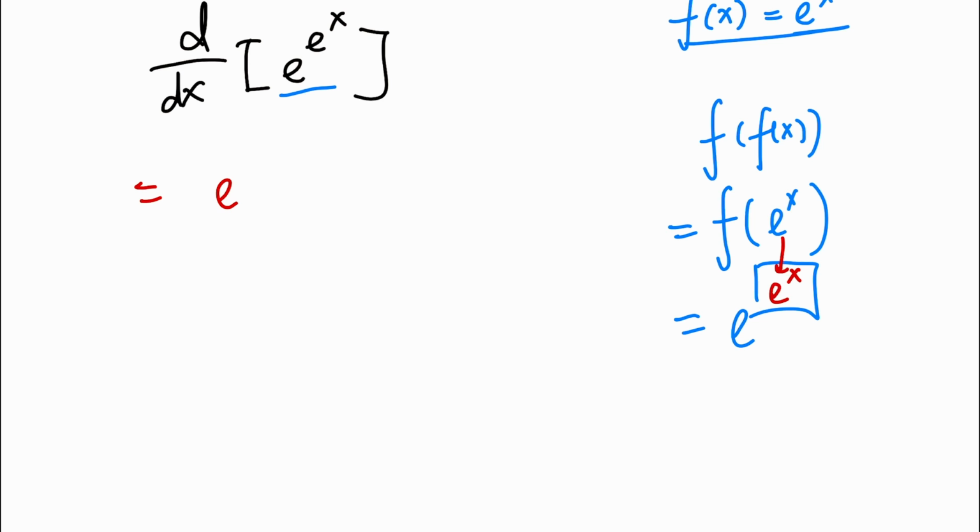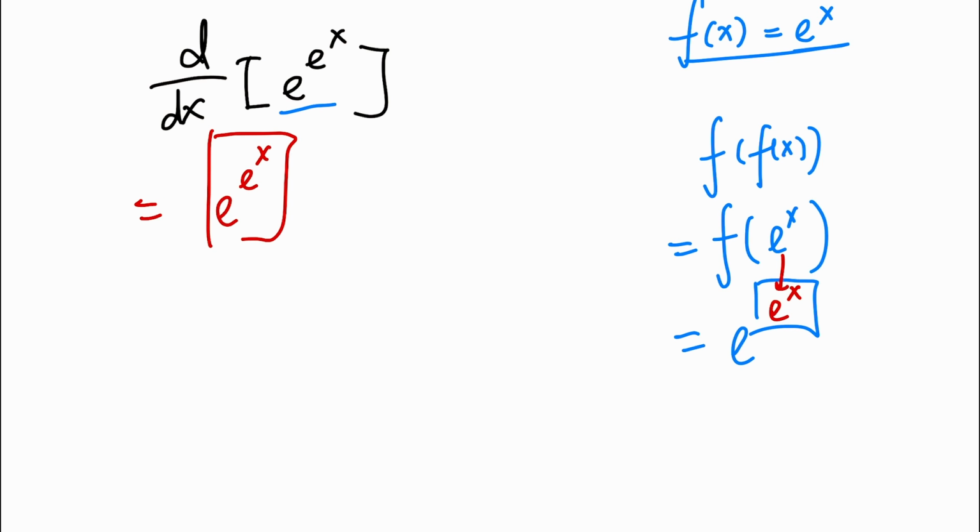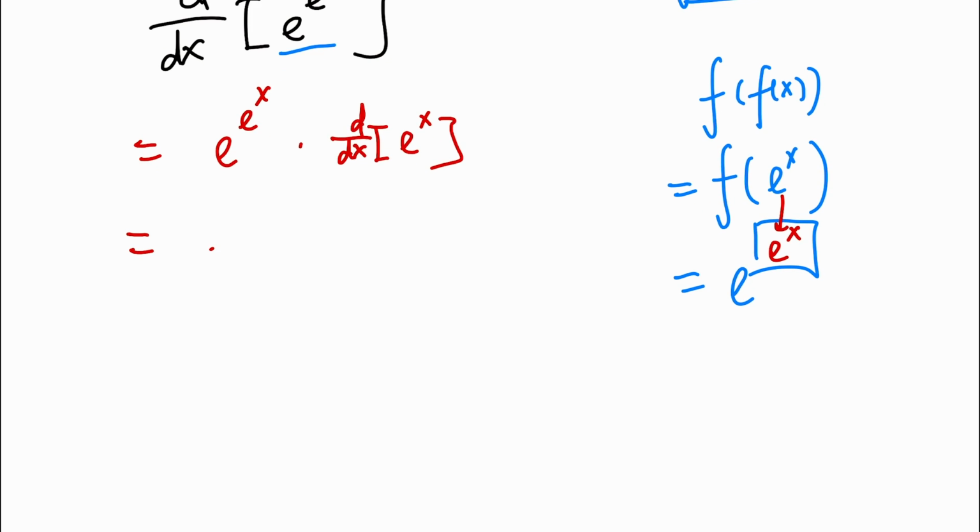So the derivative with respect to e to the x, which is just this, because the derivative of e to the x is still e to the x. So that times the derivative with respect to x of e to the x. And obviously that is still e to the x. So that's e to the x times e to the x.